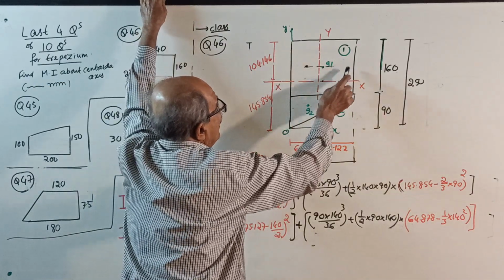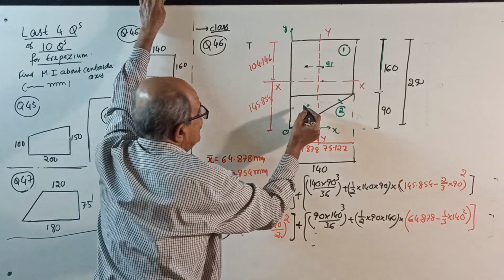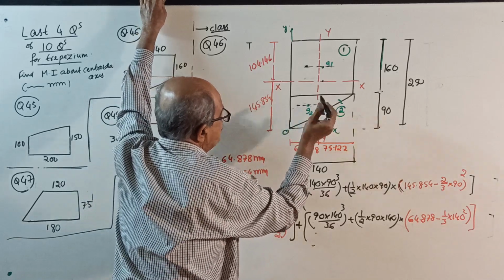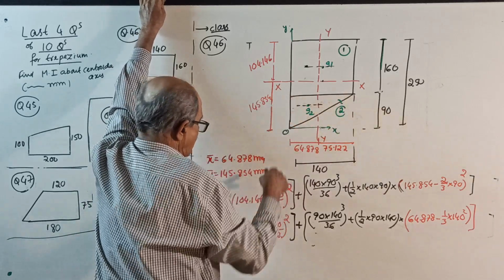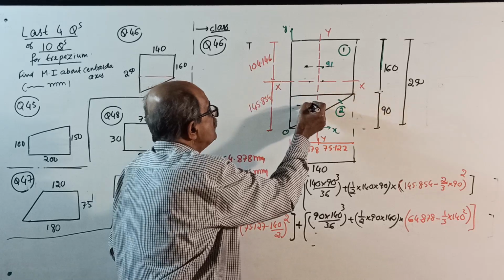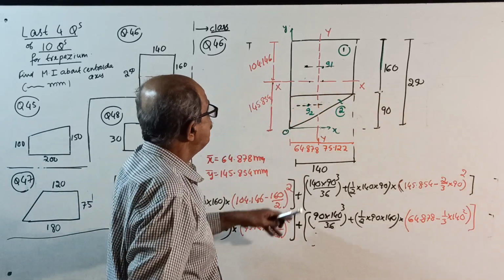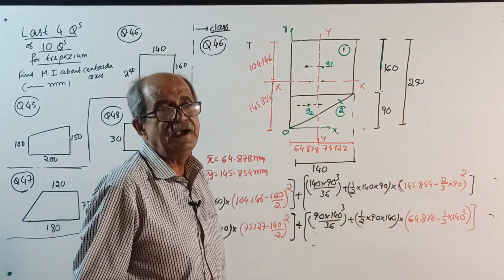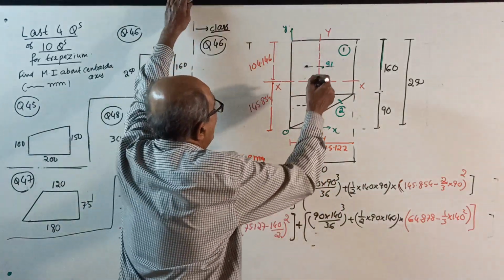104.146 minus half of 160. Next. I about its own center of the axis. 140 into 90 cube by 36 plus area into this distance square. 145.854 minus 2/3 of 90 whole square. I about yy.